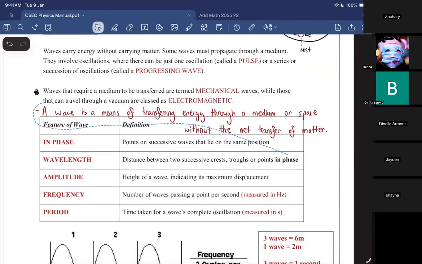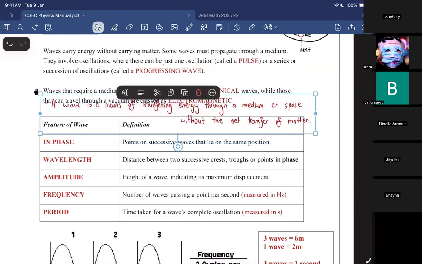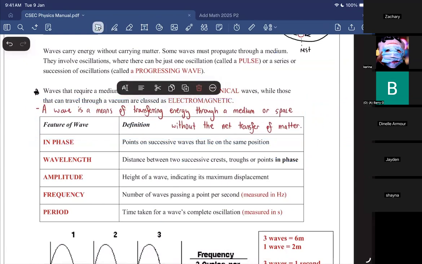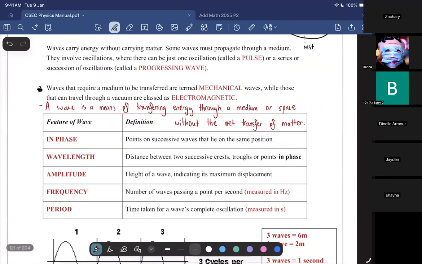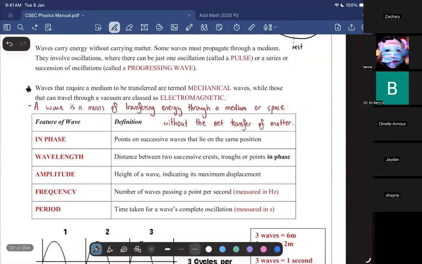Please copy down this definition. A wave is a means of transferring energy through a medium or space without the net transfer of matter. And when I say space, I'm referring to a vacuum.